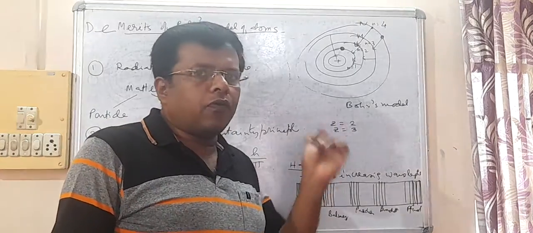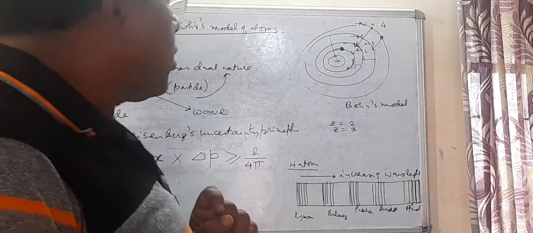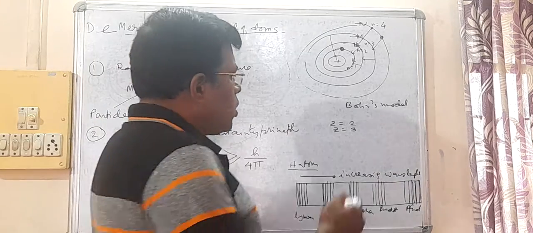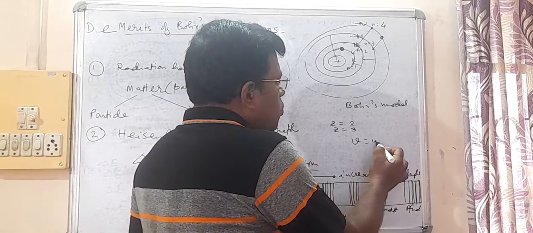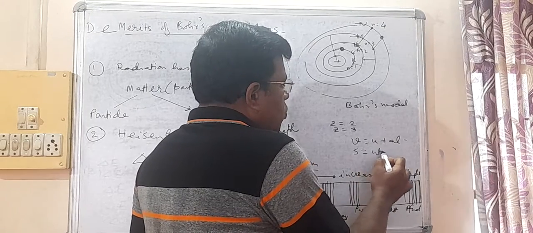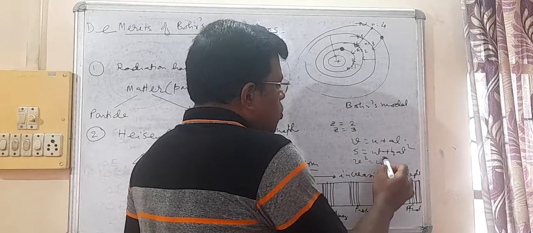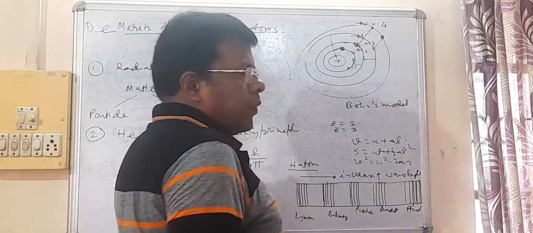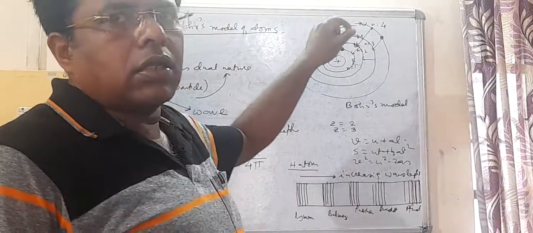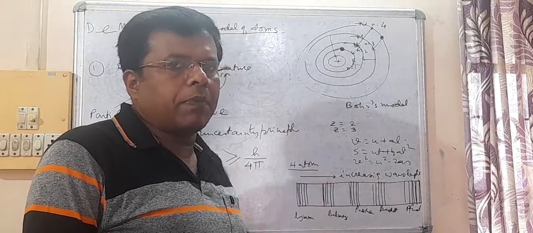Then with the help of classical physics, using the relations v is equal to u plus at, or s is equal to ut plus half at square, or v square is equal to u square plus 2as, we can determine the position and momentum of macroscopic particles.